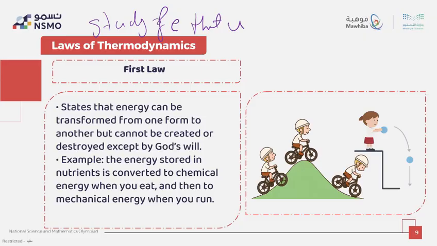He cannot bike if he didn't eat very well. Because of the food he has inside him, he transforms it from chemical energy to motion energy. That's the first law. The first law again says the energy is not vanished, but transformed from one form to another form.